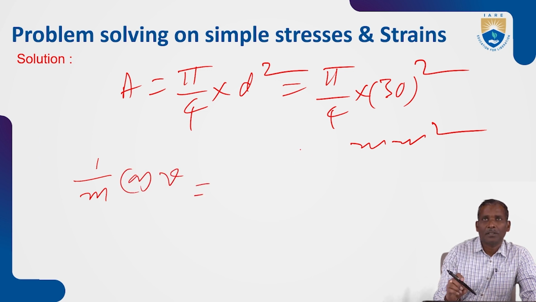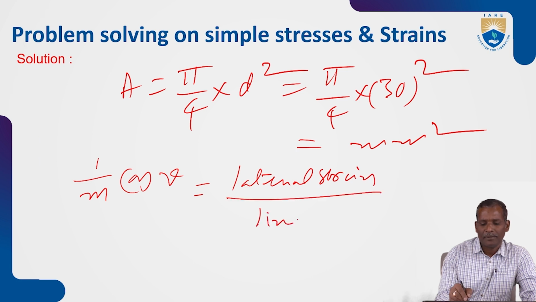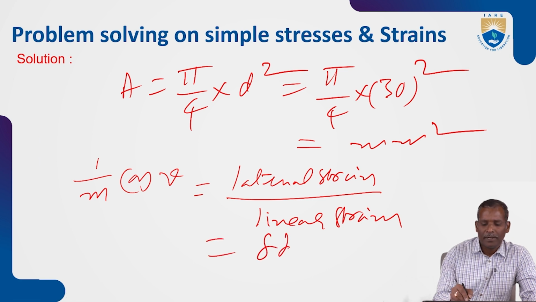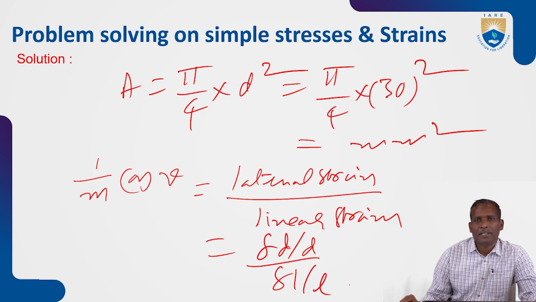According to the Poisson's ratio definition, it is the ratio of lateral strain to linear strain. Here delta D by D is the lateral strain and delta L by L is the linear strain.